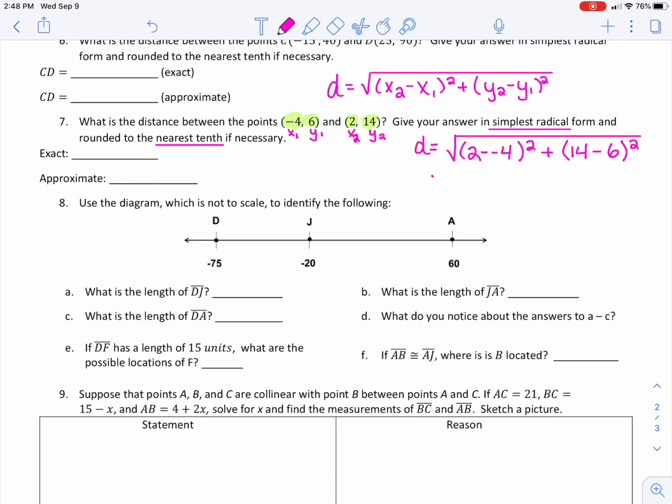So this distance is equal to 2 minus a -4. Whenever we have 2 negatives like this, it becomes positive. So I'm going to make that into a positive, and I get 2 plus 4 is 6 squared, plus 14 minus 6, which is going to give us 8 squared.